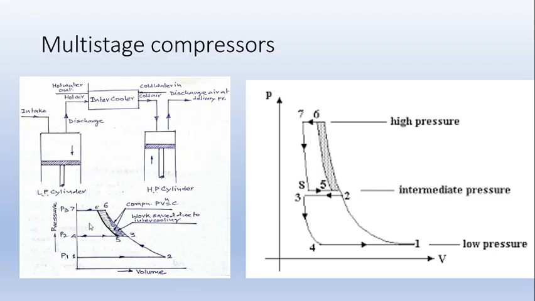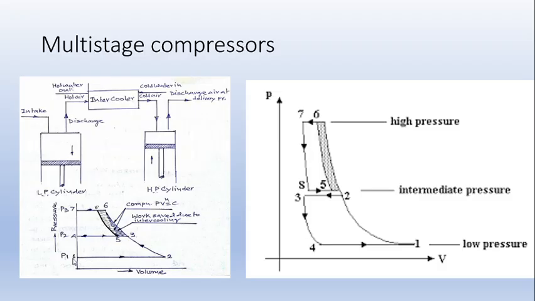And this is the PV diagram of the two-stage compressor. 1, 2, 3, 4 is the PV diagram for the low pressure cylinder, and 4, 5, 6, 7 is the PV diagram for the high pressure cylinder.